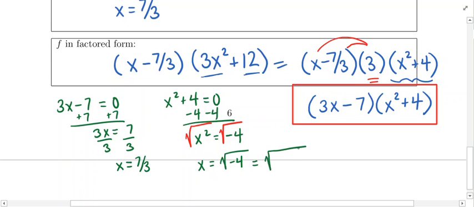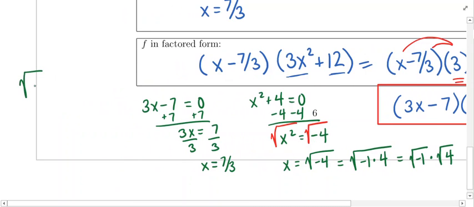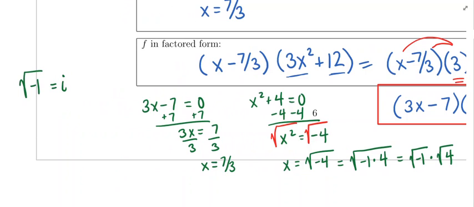You can rewrite -4 as -1 times 4. Since they're multiplied under the square root, you can break them up. This is going to be the square root of -1 times the square root of 4. The square root of -1, this is important, is called i. It is the imaginary unit.